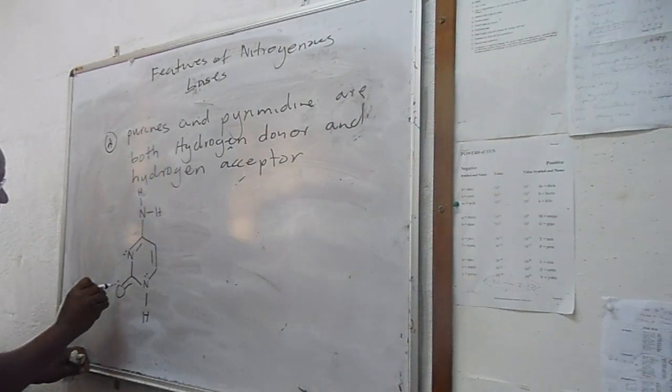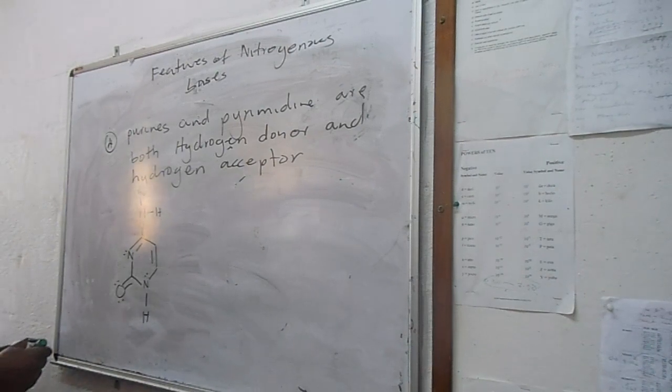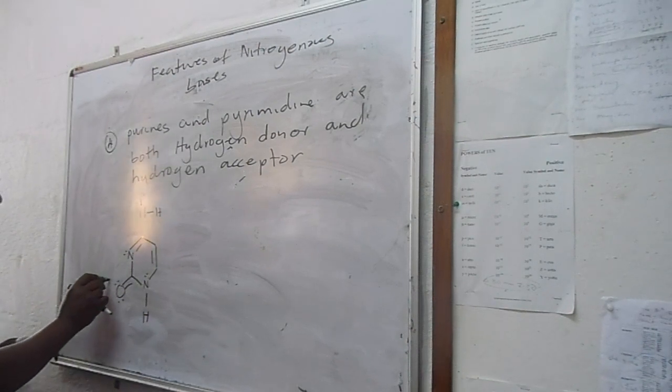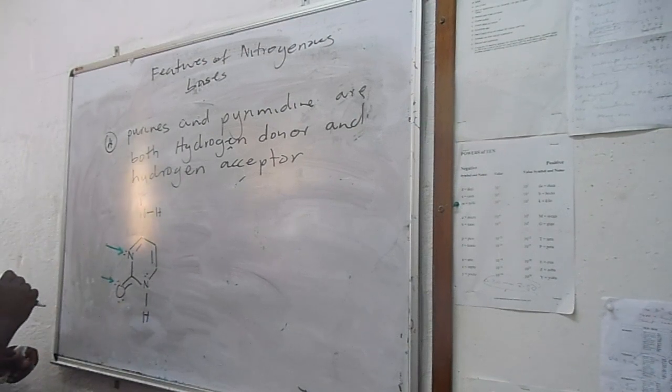There are two lone pairs here. The first topic we looked at was that one of the features of water is that it's able to form hydrogen bonds. So if you check, this oxygen has these lone pairs. So these lone pairs can accept a hydrogen.